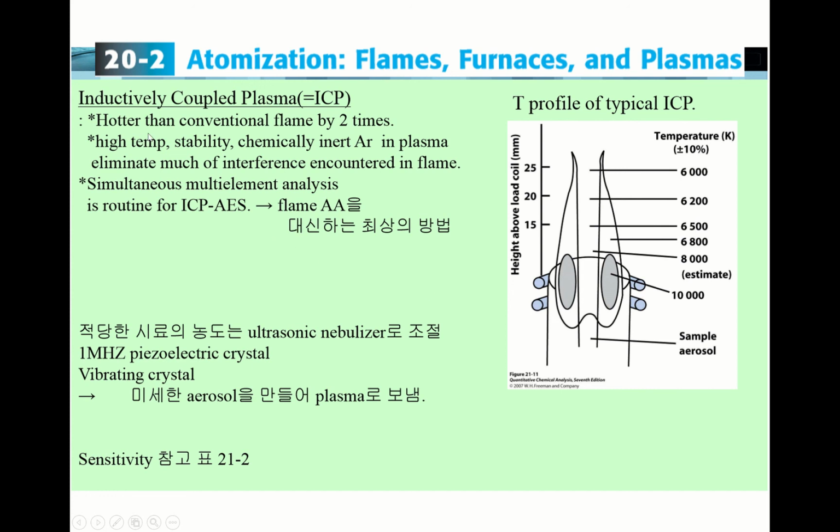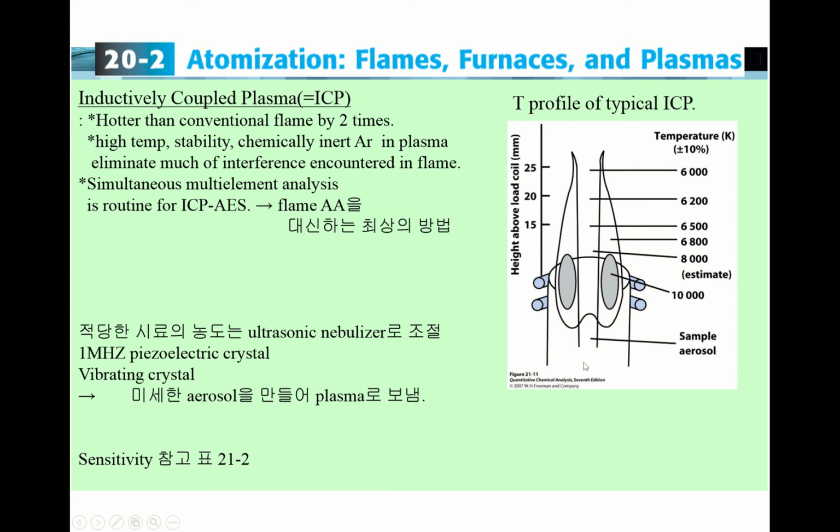The temperature is hotter than a conventional flame by 2 times. Here, 4,000 Kelvin could be achieved, usually higher than 6,000 Kelvin. This temperature is really high.